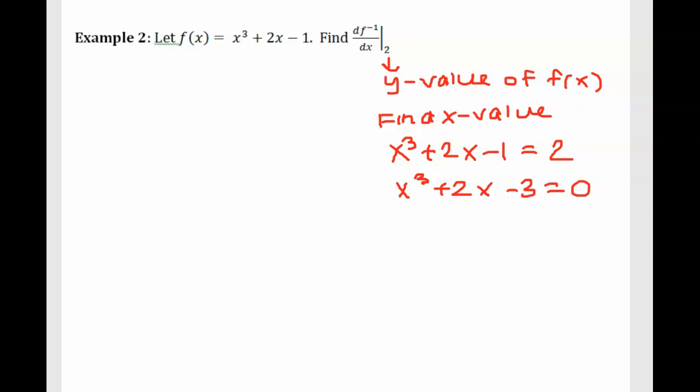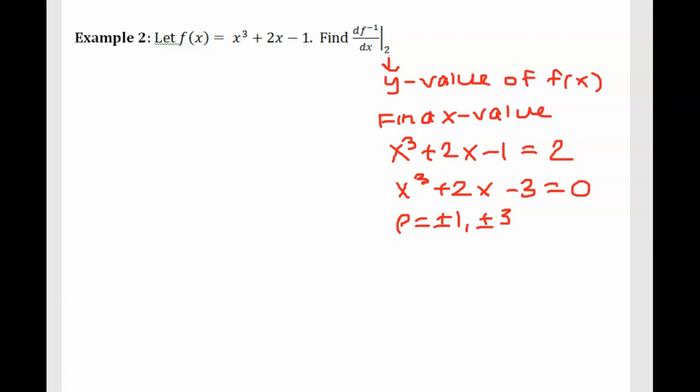So you have to go back and use the rational root theorem, which says that the factors of the last term over the factors of the first term are the potential rational roots of this problem. So my potential roots could be 1 or 3. I'm just going to quickly try to plug those numbers in and see if any of them get me to 0.